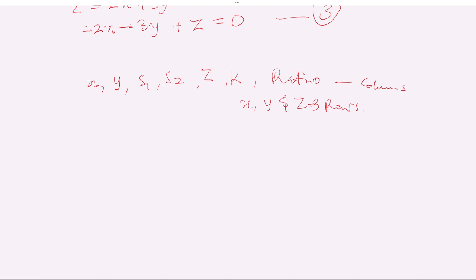Now we can have a sample of what our row will look like. We can say x, y, s1, s2, z, k, and ratio. So if this is sorted, then we can have a table like this.